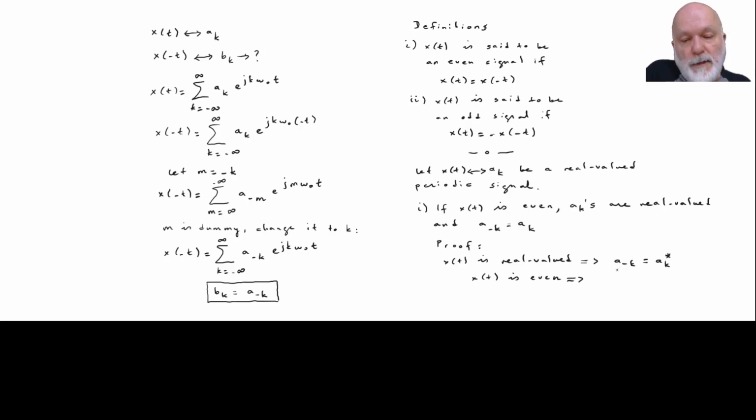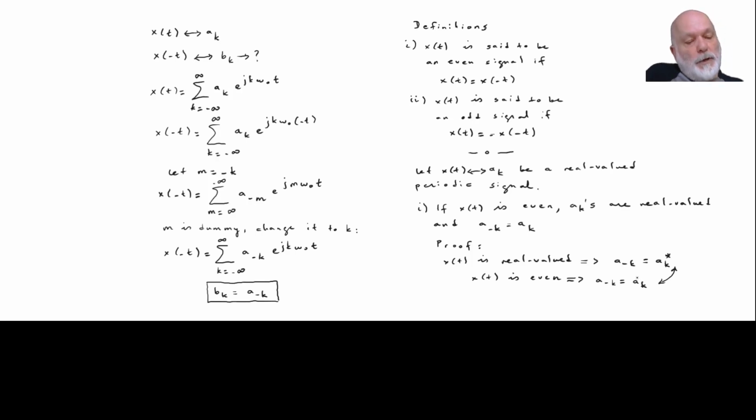Therefore, a minus k is equal to ak. But from these two expressions, it is clear that ak conjugate is equal to ak as well, which means that ak is real.